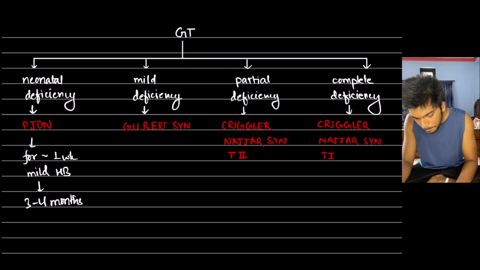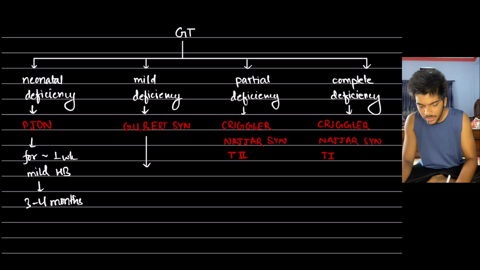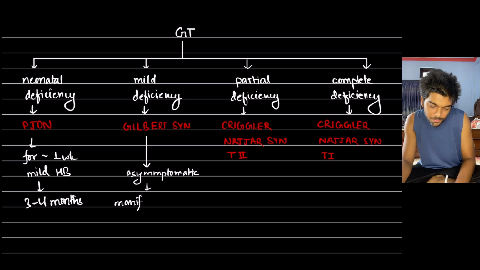Mild deficiency: since in Gilbert syndrome there is only mild deficiency, it is mostly asymptomatic. But manifestation of symptoms takes place in special conditions like stress, fever, and pregnancy.